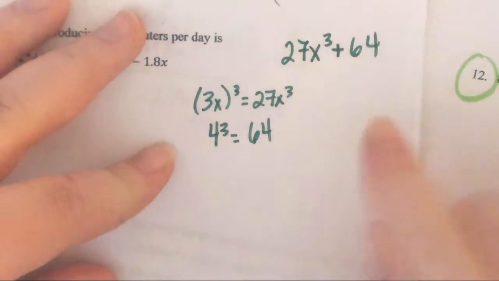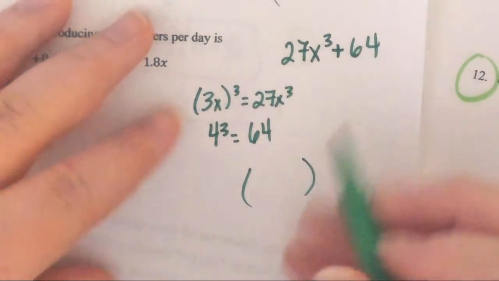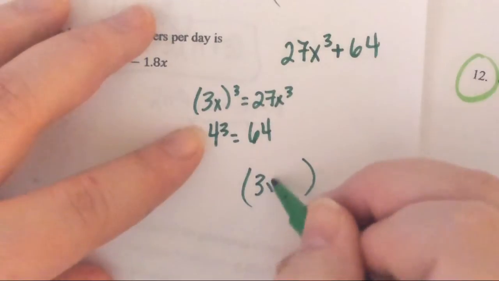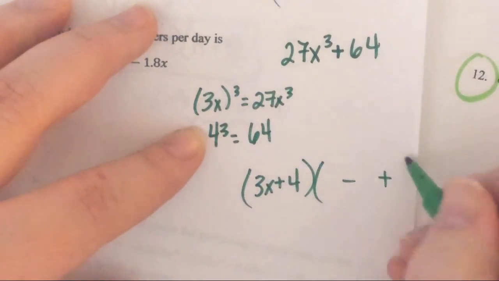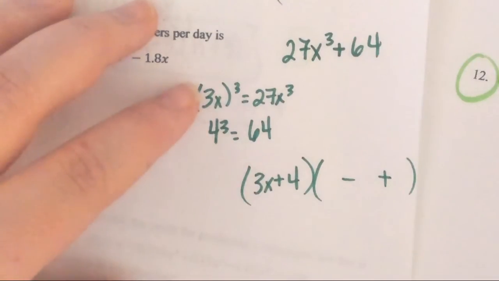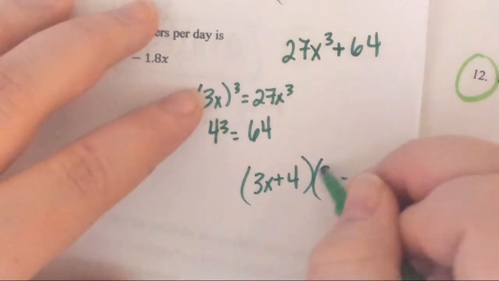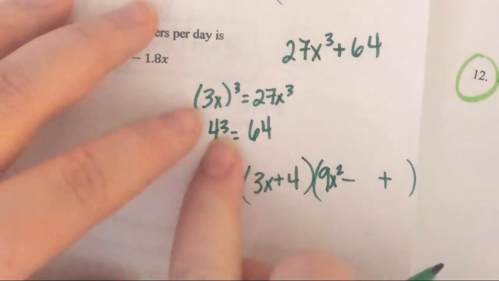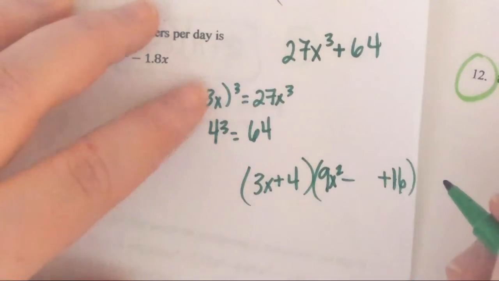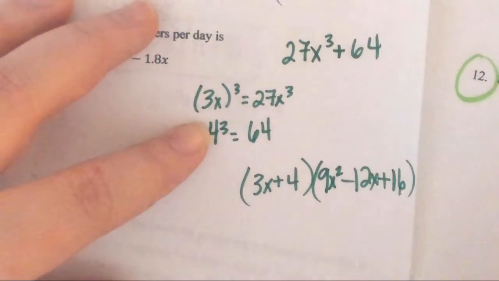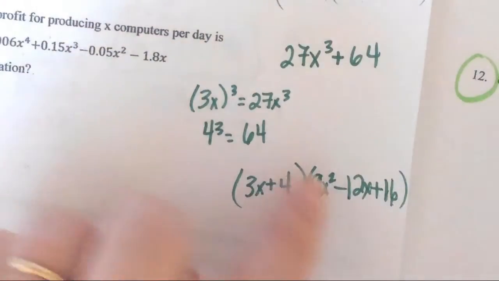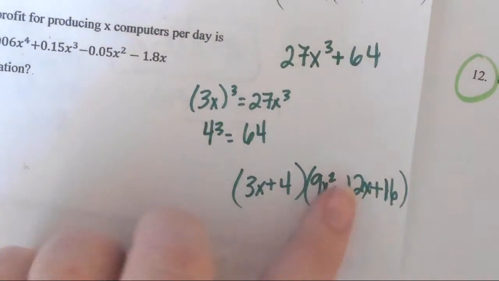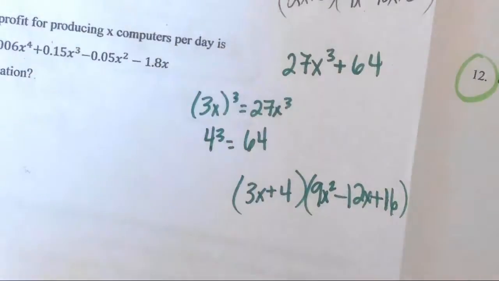So if we had this problem, we would have this same sort of format of, I know it's 3x plus 4. Same sign, opposite sign, always positive. Okay, and then 3x squared. So 3 squared is 9, x squared is x squared, 4 squared is 16. 3x times 4 is 12x. It's always the same pattern with the last one. You square this guy, square this guy. The middle is the 2 of them multiplied together.